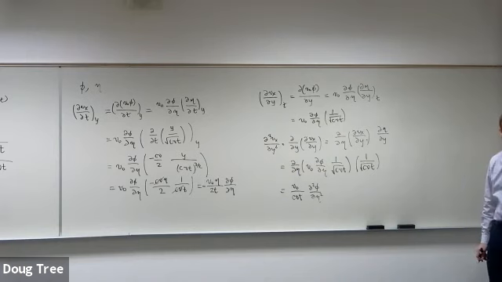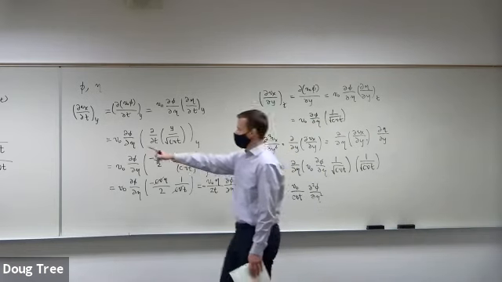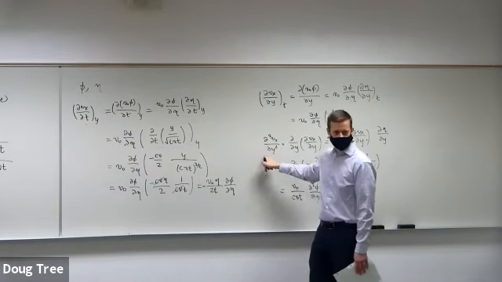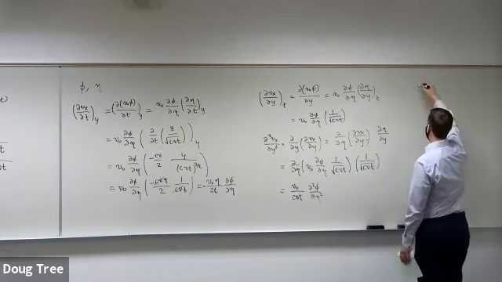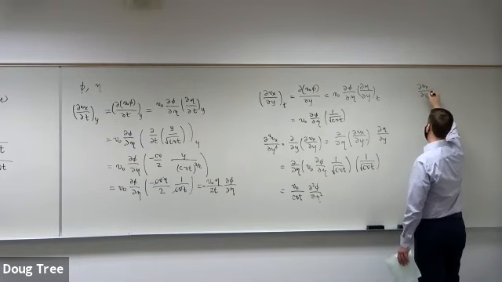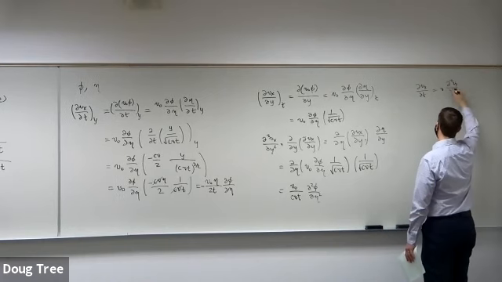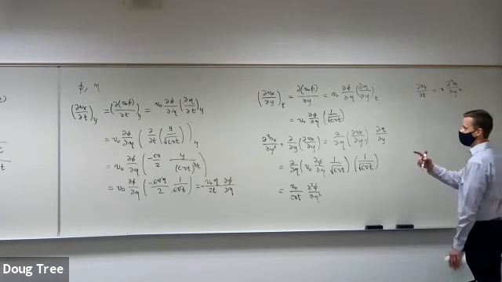Okay? So now I plug it all together. My original equation, remember, was dvx dt is equal to nu times the second derivative of vx with respect to y. So let's put that in.